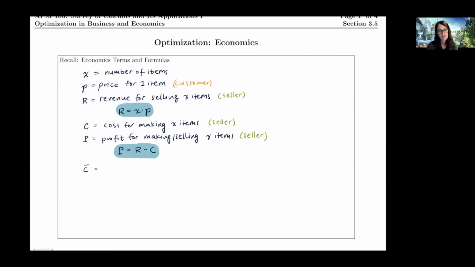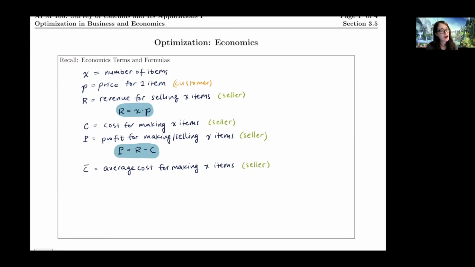When we use a bar over something in math, sometimes with a decimal, it's used to mean something repeats in a pattern, but we can also use a bar over a variable or a letter to indicate average. Like X bar means the mean in stats. So C bar is the average cost for making X items. And again, this also goes with the seller because cost is associated with the seller.